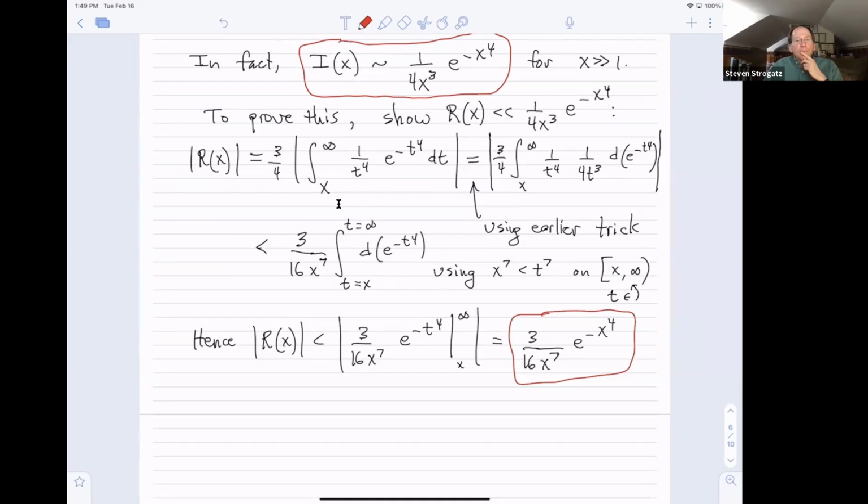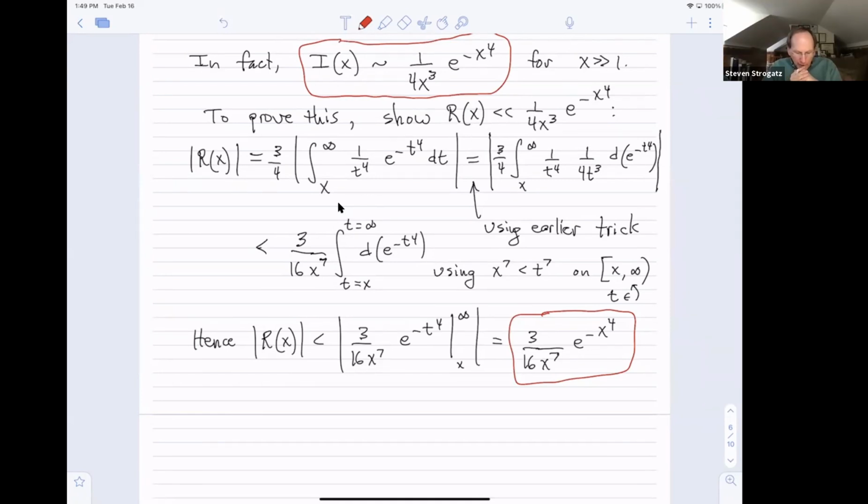Is that the idea? Yeah, the limit as x goes to infinity of R of x over I of x. Yes, that's a nice idea. I think that would work. Sure, you could do the limit that way.